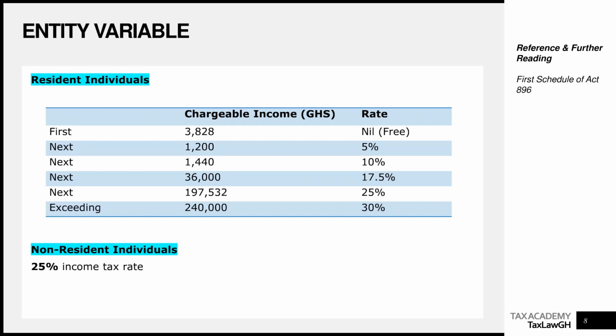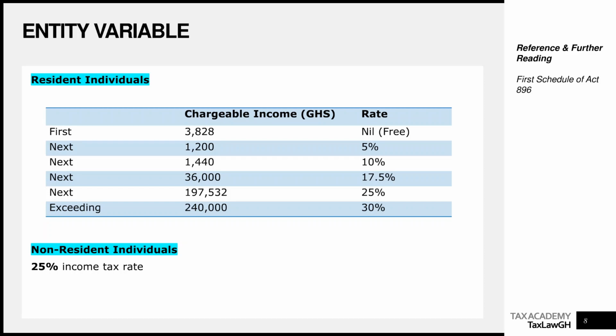We are saying that for resident individuals, we use this income tax rates to tax them. Some people prefer to call this the graduated schedule or graduated rate or graduated table. I choose to call it the personal income tax rate. Whichever way works, it's fine. For resident individuals, you can see it starts from a nil or 0% or free tax band.